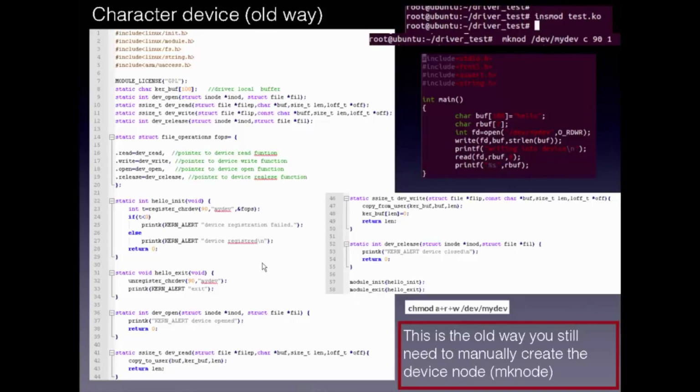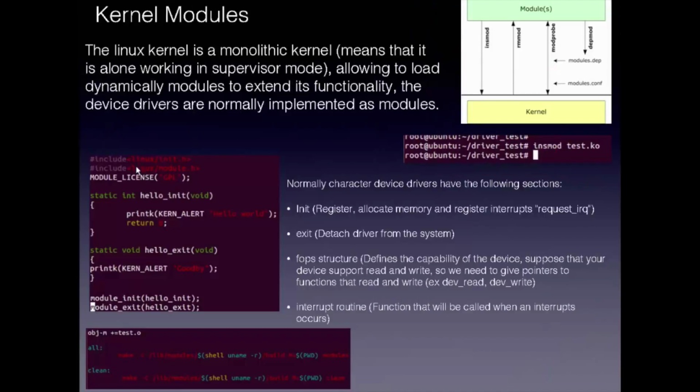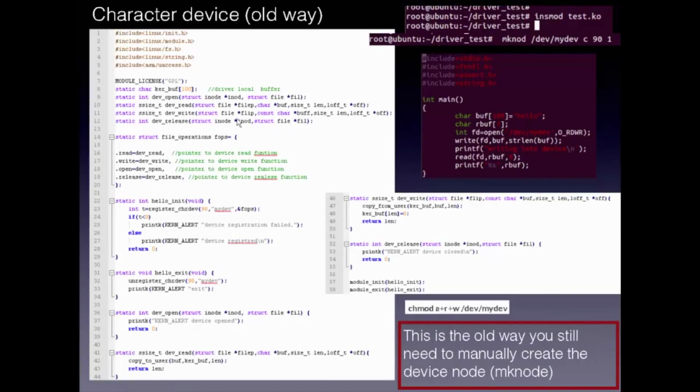Here I am presenting the code of our character device in the old way. These are the headers; normally your device drivers will have these two headers. Here we create our file operations structure, where we pass pointers to the functions that handle actions on your device file.